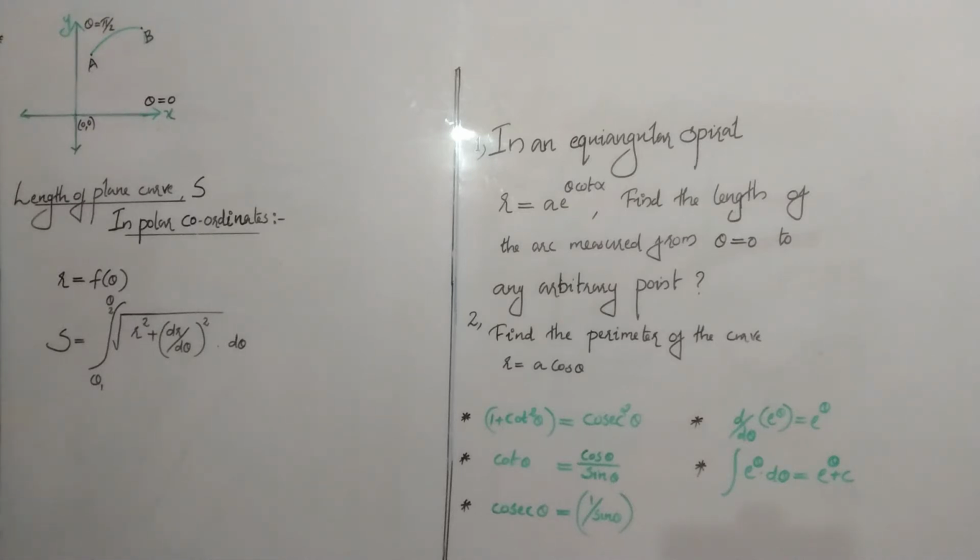Here r is equal to a into e raised to theta cot alpha. First differentiate with respect to theta.